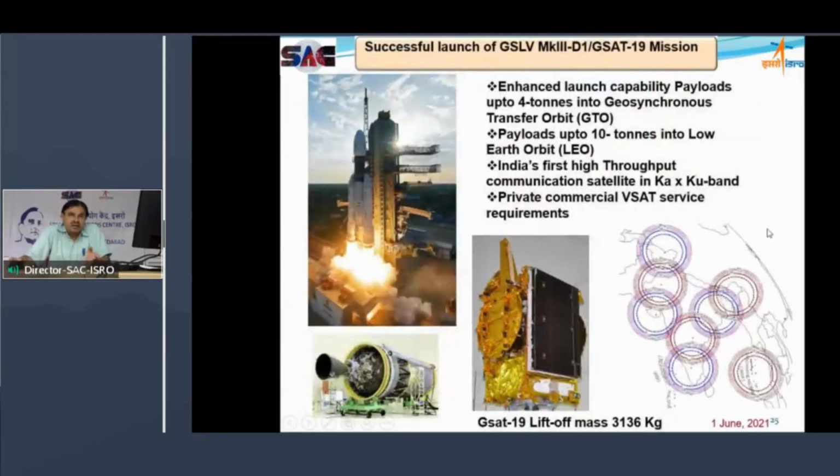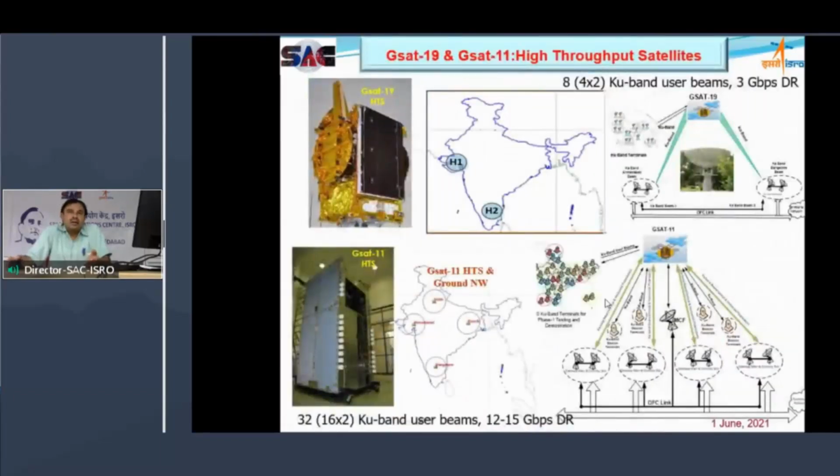Now, as I said, this is what the high throughput satellite looks like. Instead of 36 megahertz bandwidth in a single transponder, this will support almost 200 to 250 megahertz of bandwidth. So that will give you 8 to 10 times more channels. And this is our largest satellite which we have built till now.